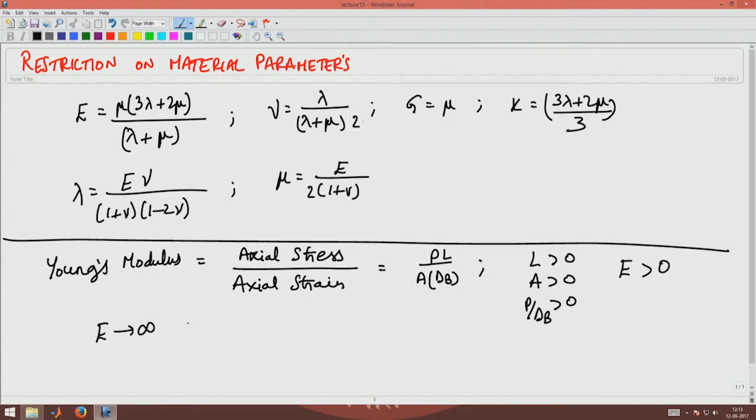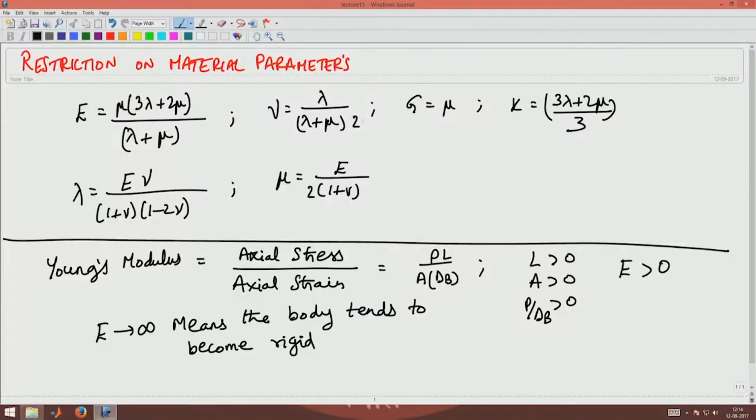E tending to infinity means the body tends to become rigid, that is there is no deformation even though I am applying a force.